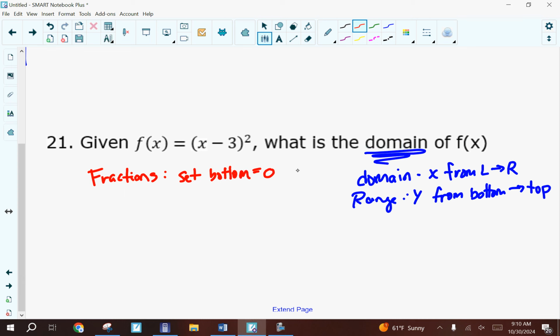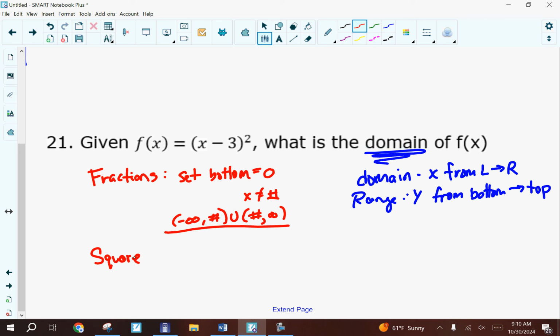And those are actually your bad answers. Once you find the value of x, that's what x is not allowed to be. So when you write your domain, it would say negative infinity to that bad number, union the bad number to infinity. So this is what your answer would look like if you had a fraction, but there are no fractions.